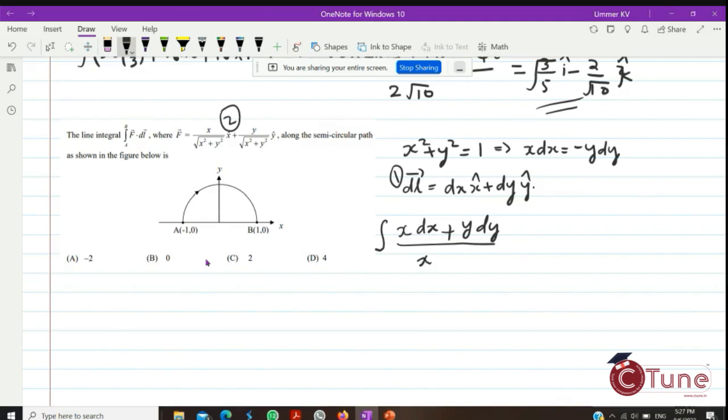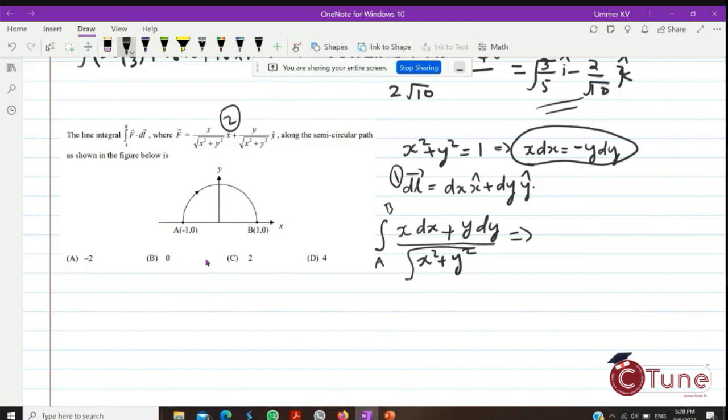We are finding the dot product between the length element and f, right? This is the integral over a to b f dot dl. But we already know that x dx is equal to minus y dy.